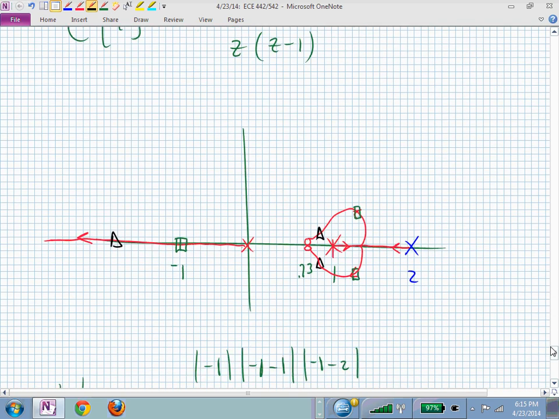So we need to change the locations of the zeros, which will do what? Will that change anything? Pardon? It'll change the numerator, won't it? What are we trying to do?